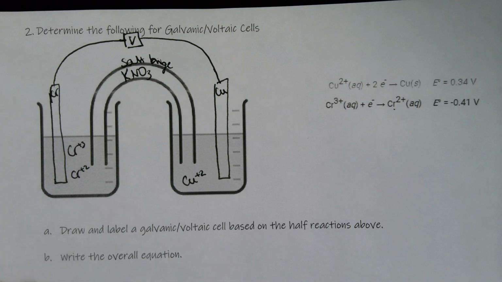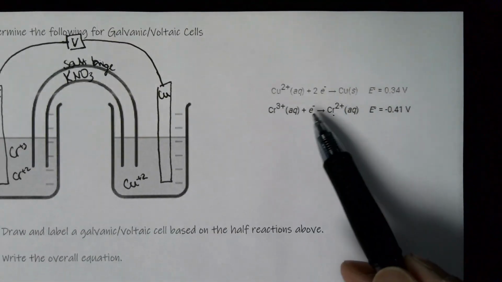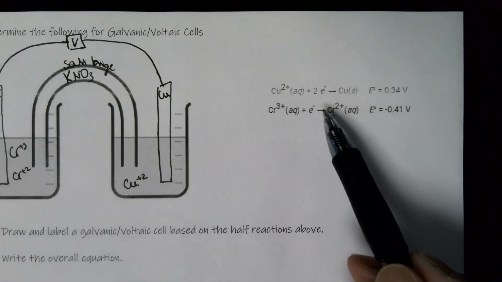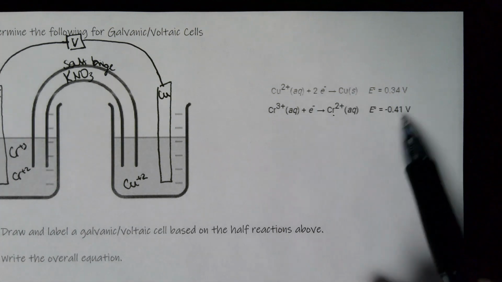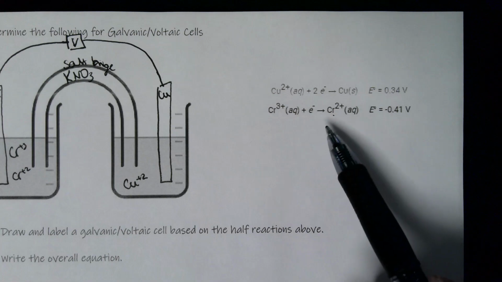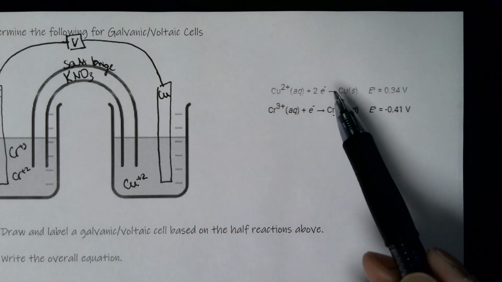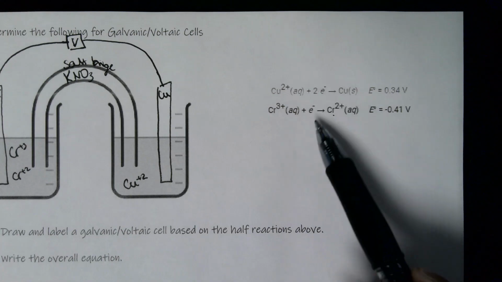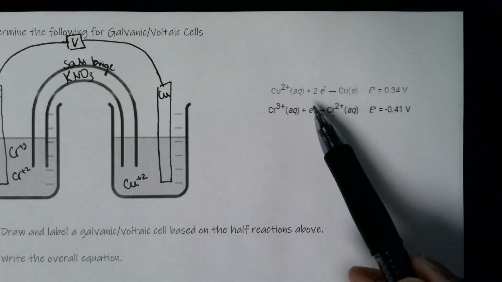The next thing is I need to figure out which one's going to undergo oxidation and which one's going to undergo reduction. So if you recall, all of these E values are given to us for the reduction potential, meaning that each of these are undergoing reduction. The electrons are in the reactants.